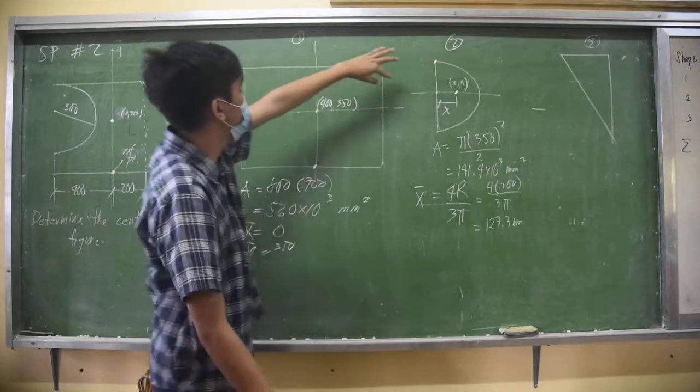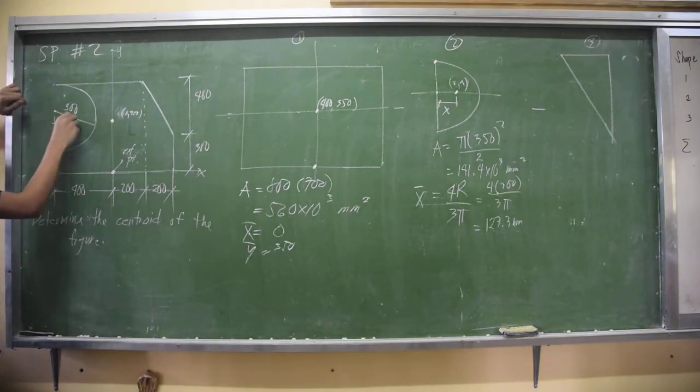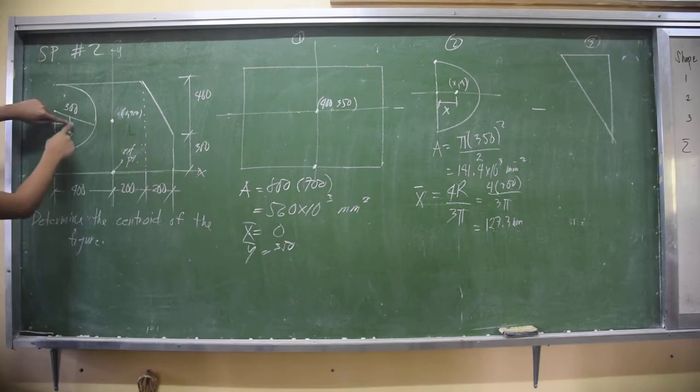Now if we plot this, this distance is 127.3. Now what we need to know is the distance of this from the reference point.